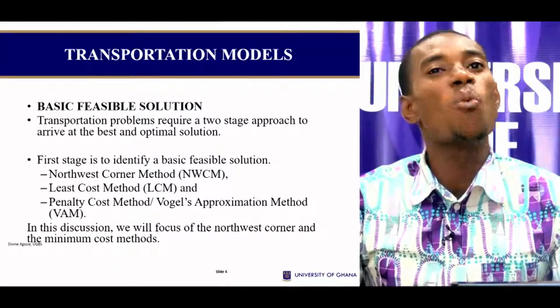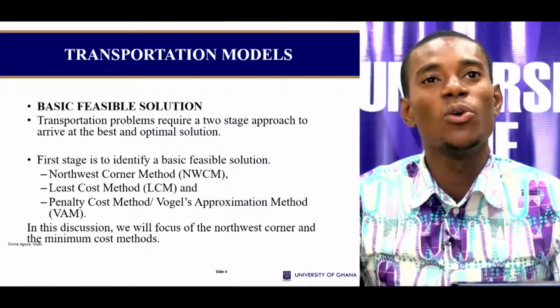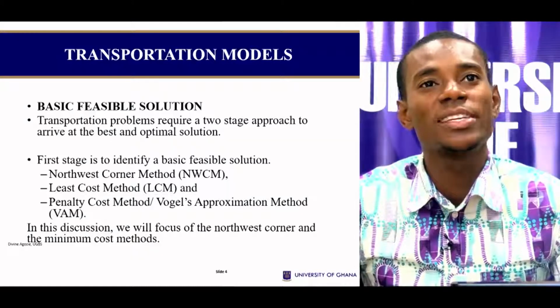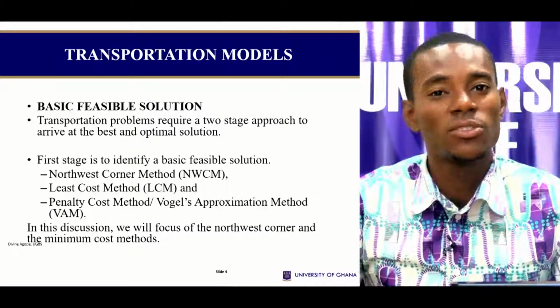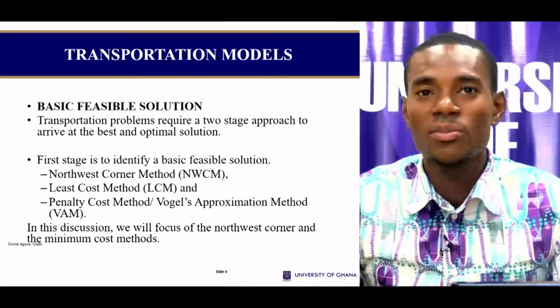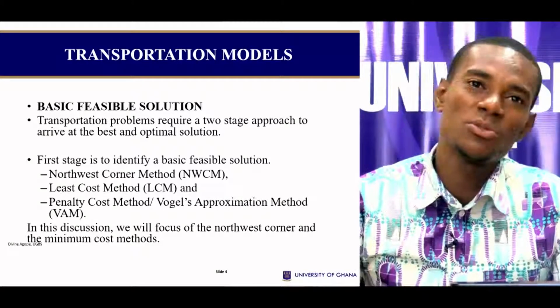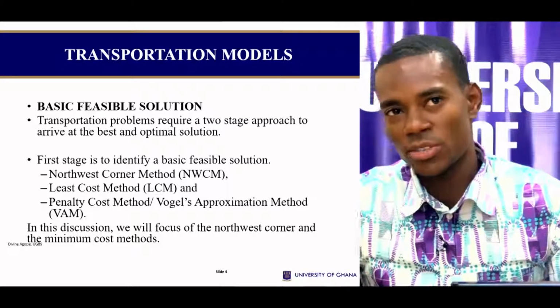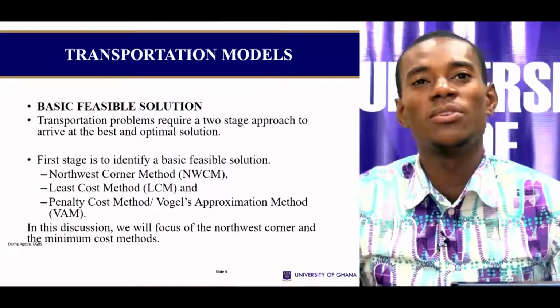It is more complex than the first two that we are going to see. So probably all the lapses that we do not take care of in using the northwest corner method or the least cost method, the Vogel's approximation technique takes care of all that. And so your basic feasible solution turns out to be your improved solution. For that reason, we will not look at it, but we'll look at the northwest corner.